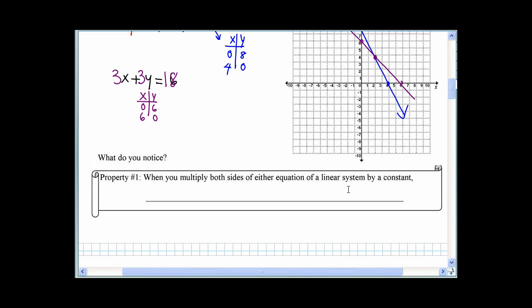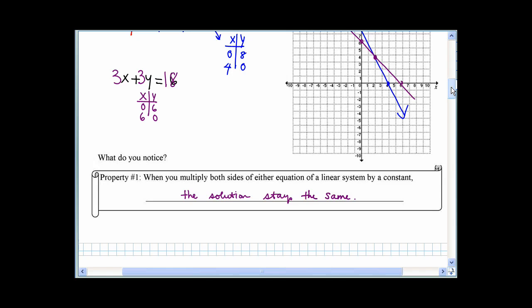Well, the key thing here is this: the solution stays the same. Cool. So there's the result for investigation number 1.